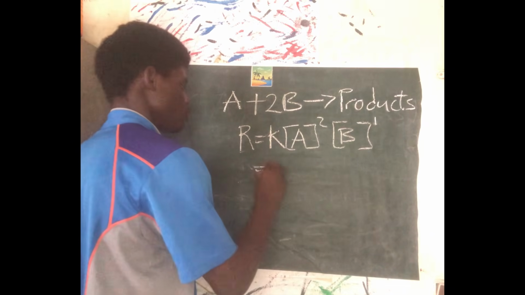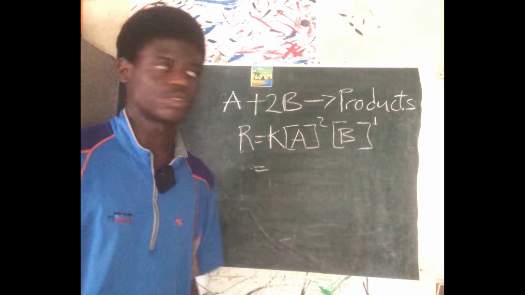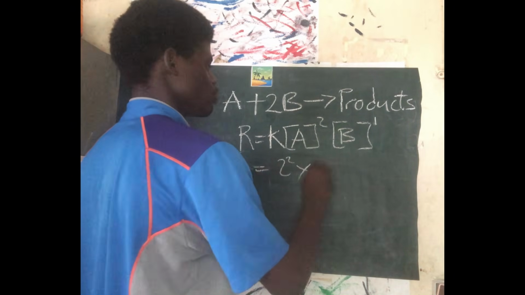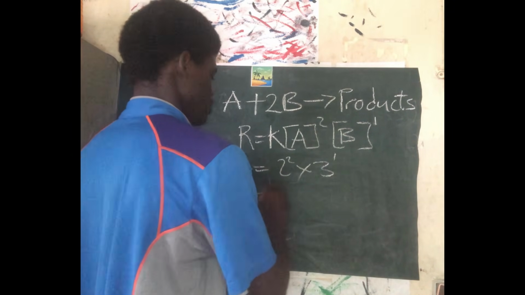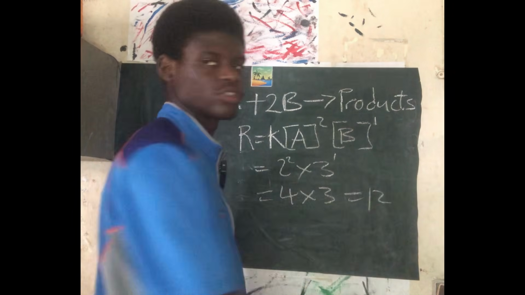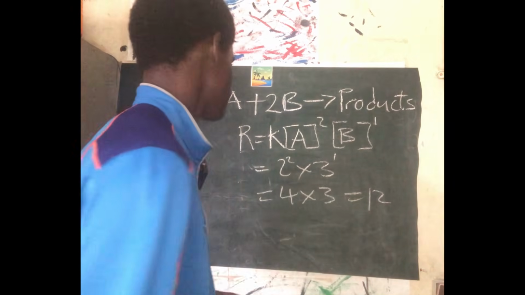To do it fast, since you already know the normal process, you can just say if this one is doubled, that's 2 raised to power 2, times this one is tripled, 3 raised to power 1. That will be 4 times 3, and that will give you 12. So the answer is 12. That's 11 is C.